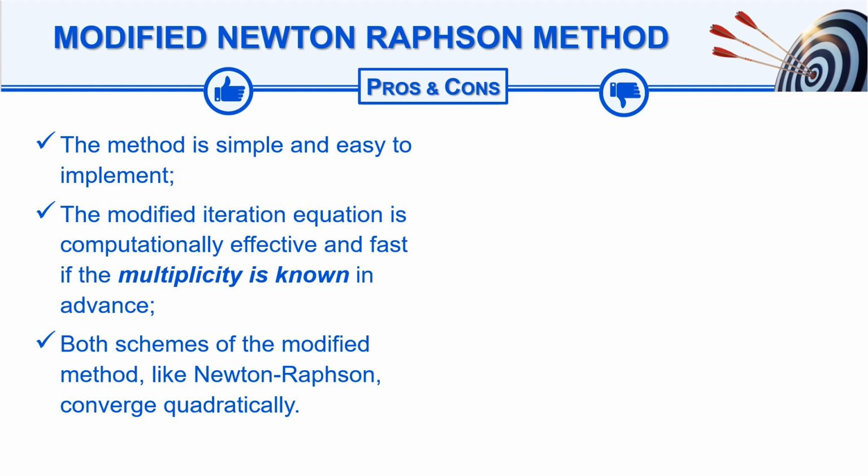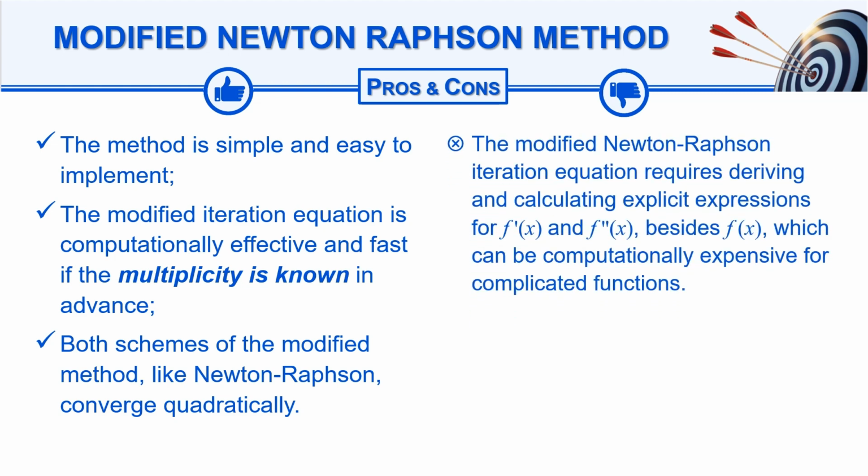The modified Newton-Raphson method has the following disadvantage. The modified Newton-Raphson iteration equation requires deriving and calculating explicit expressions for the first and second derivatives, besides f(x), which can be computationally expensive for complicated functions.